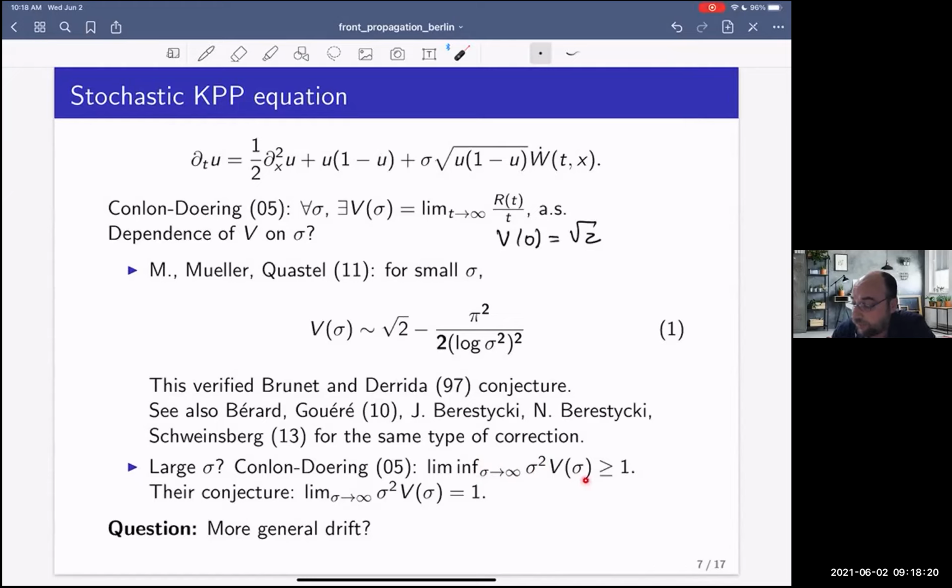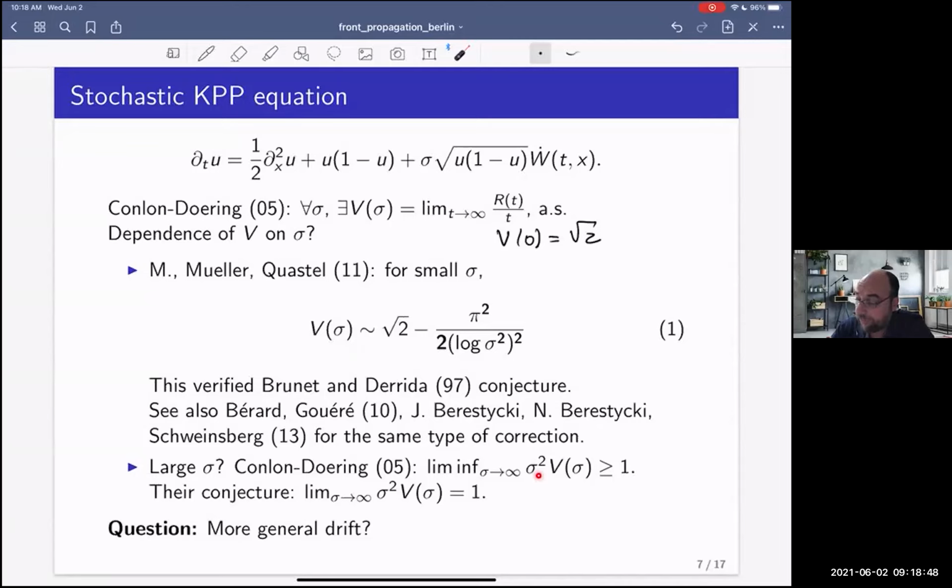So from below, V sigma is bounded by 1 over sigma squared. Their conjecture was that there is a precise asymptotic: V sigma behaves like 1 over sigma squared. In fact, we verified this conjecture and will talk about this again later in this talk.